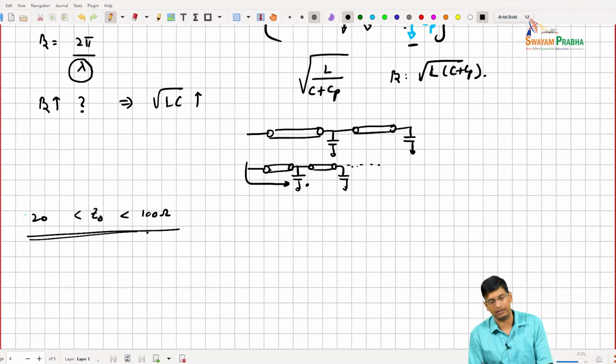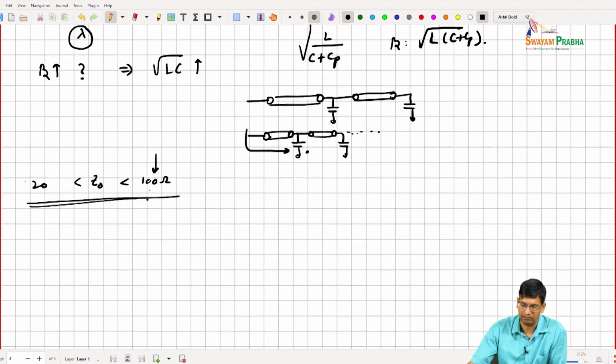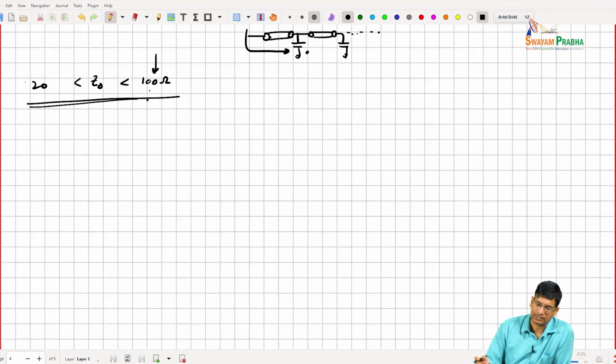Though this is a high number, probably 70, 80 ohms is when you are at acceptable loss, because in order to get this 100 ohms, you have to make the conductor trace quite thin, right? So effectively, this might be too lossy. So it might be useful to think about 75 ohms or something like that as a more practical limit of impedances.